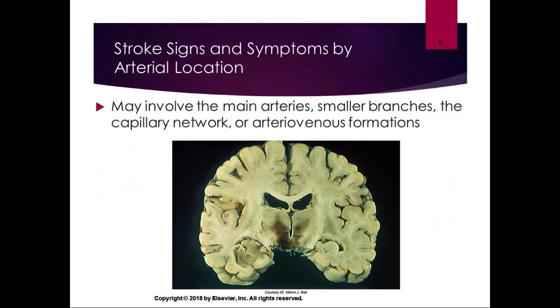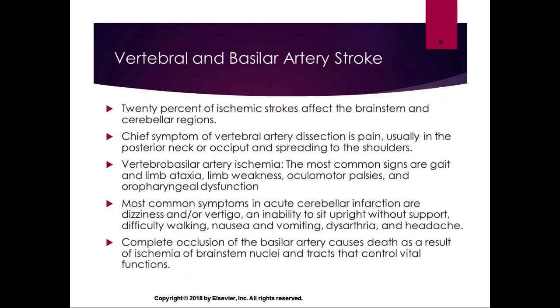Strokes can involve a main artery, a smaller branch of arteries, capillaries, or arteriovenous formations where the arteries are changing into veins, basically. Depending on which artery or branches are affected, you'll get different symptoms because it'll affect different areas of the brain.